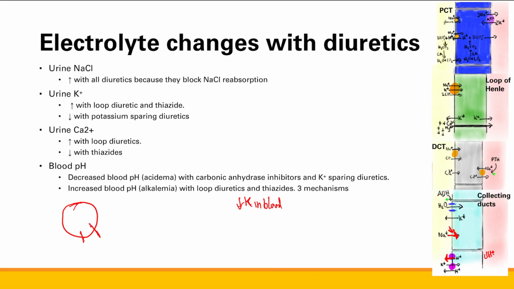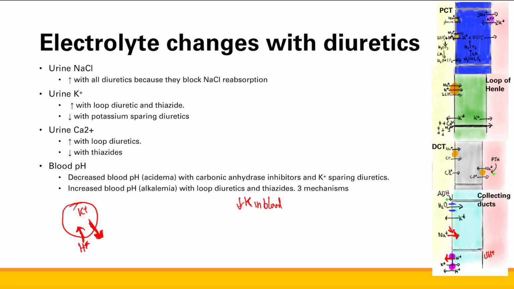So if you're going to decrease potassium in the blood, that means potassium inside the cell is going to come out. It's going to go down its concentration gradient and come out. And so in exchange, H plus is going to go into the cell. H plus goes into the cell, there's decreased H plus in the blood, so again you have an increased blood pH.